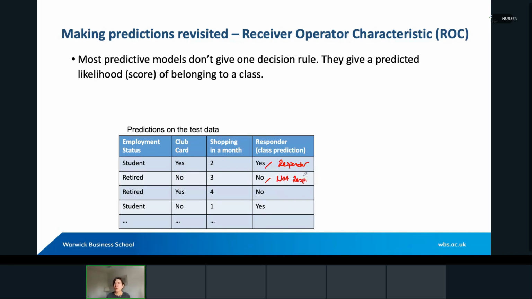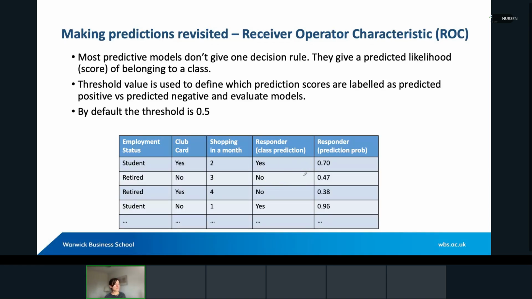So we can directly obtain these estimations, yes or no predictions, from the model, or we can also obtain the prediction probabilities of becoming a responder. For instance, we mentioned that in decision trees, we can obtain the probabilities of a yes outcome or no outcome. Logistic regression also returns the probabilities. So from machine learning models, we can obtain class predictions directly, or we can obtain these probabilities.